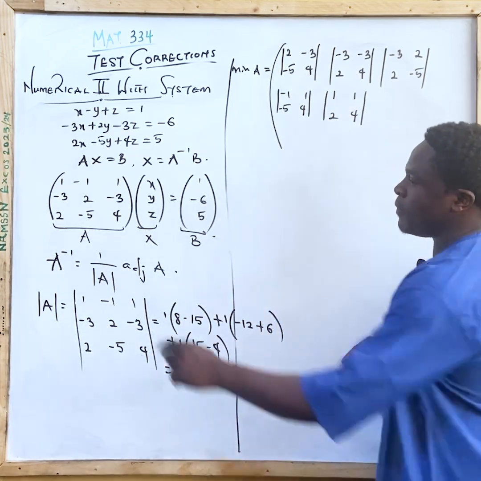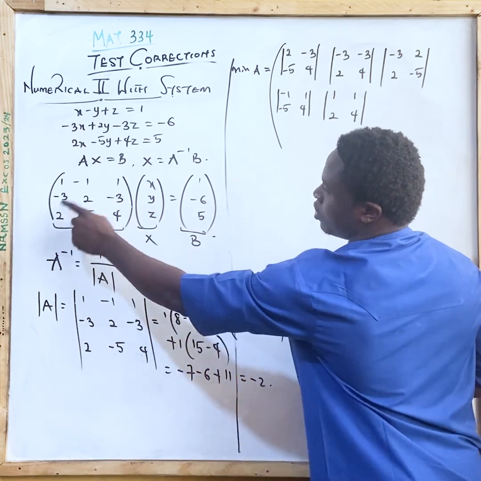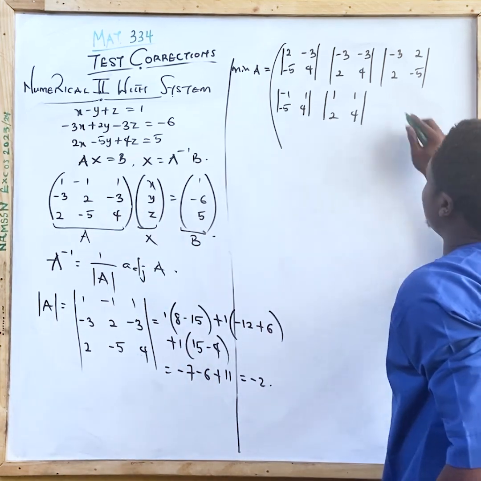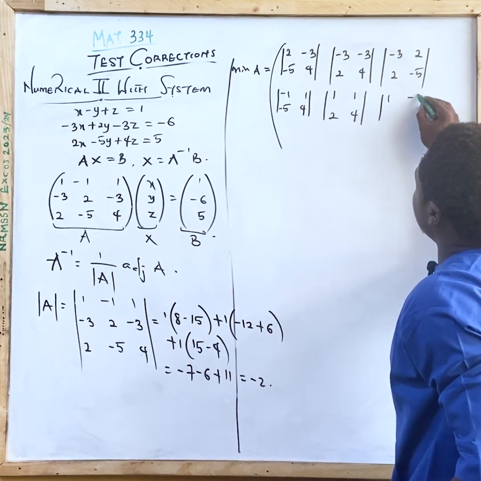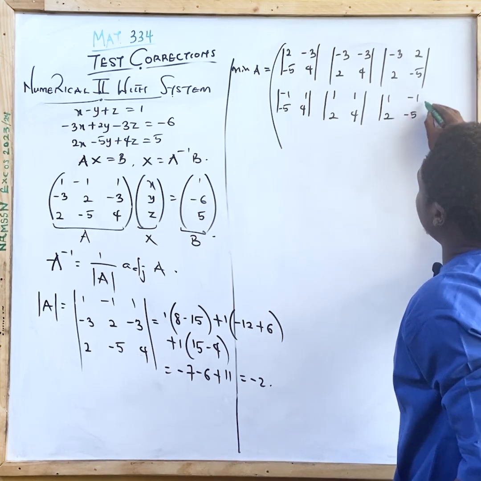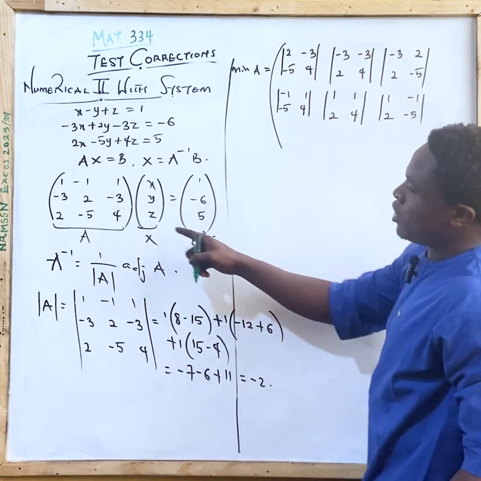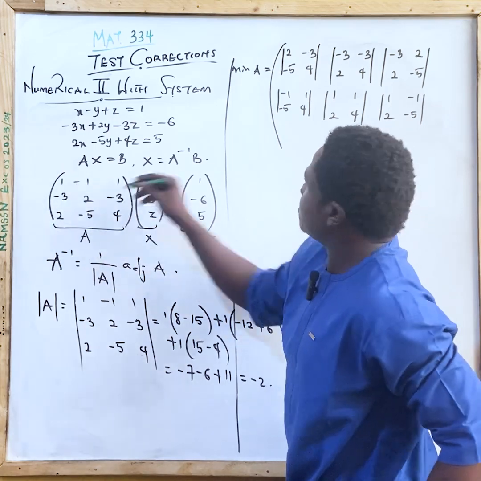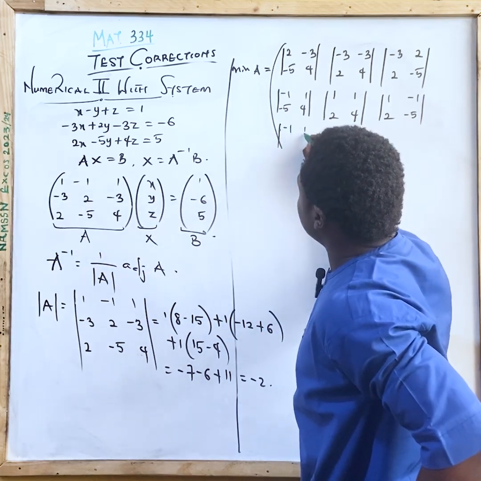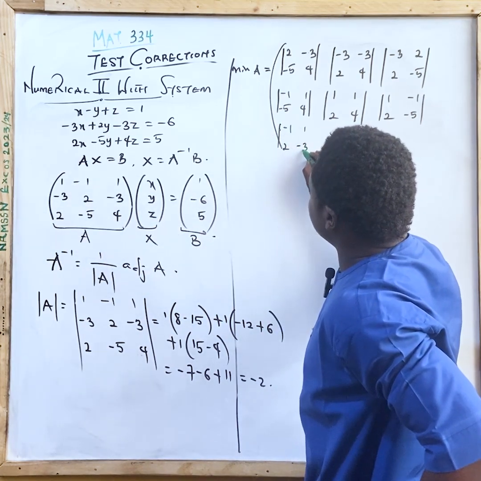Then the minor of minus 3 will be 1 minus 1, 2 minus 5. The minor of 2 is minus 1, 1, 2 minus 3.